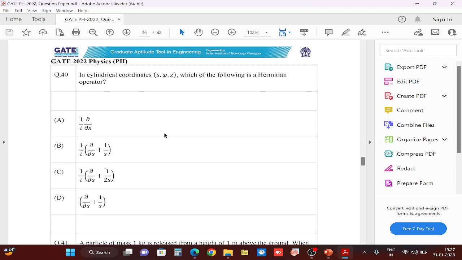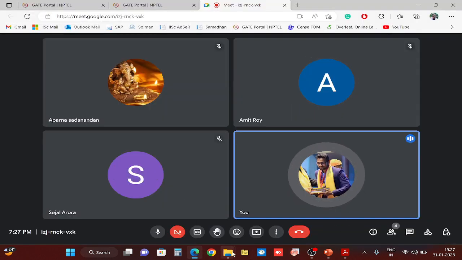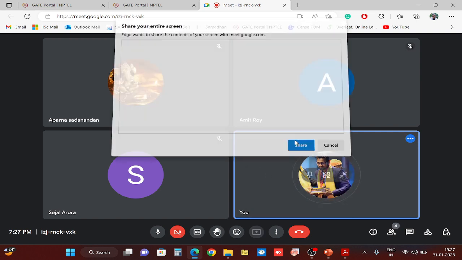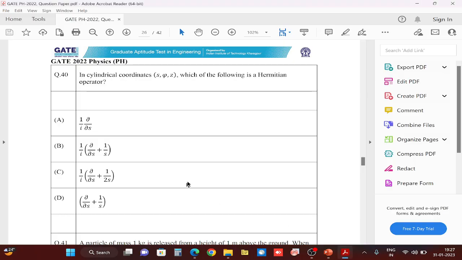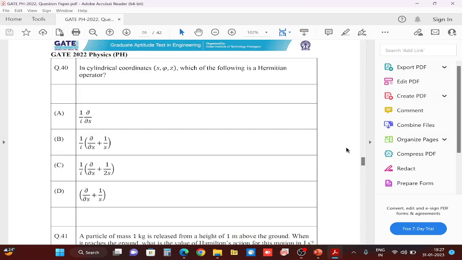Okay, how to do that? I will display the question here for you. You guys may try, I will also try. Is this the question? Can you see? Yes, sir. Okay, I will also solve and let you know if I can, and you guys also try.